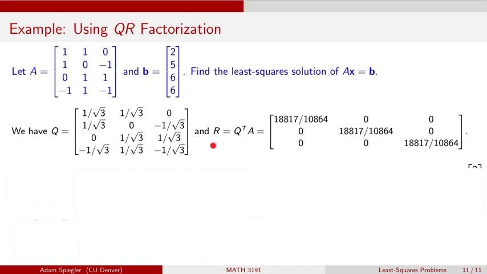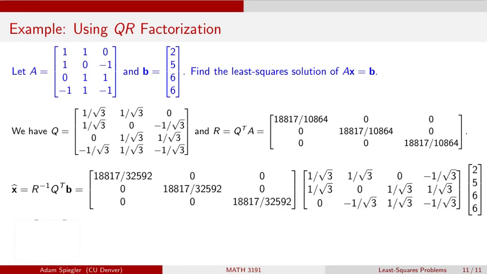And then we can find matrix R by taking Q transpose times A, and then we get an upper triangular matrix. In this case, the matrix happens to be diagonal. And now we can use this nice shortcut with the QR factorization that the least squares solution x hat is going to equal R inverse times Q transpose times B. And that product is over here.